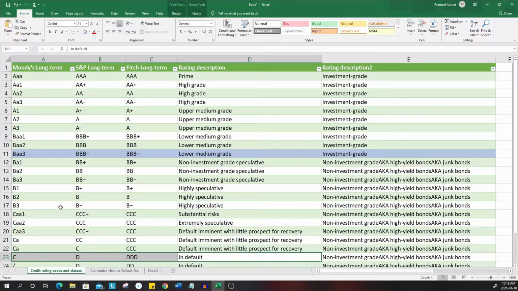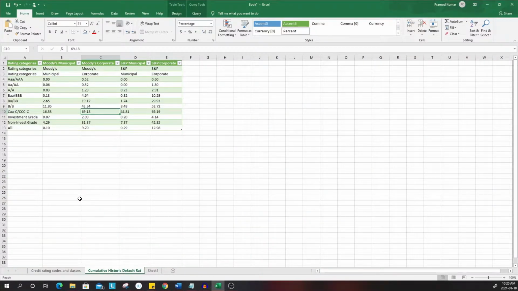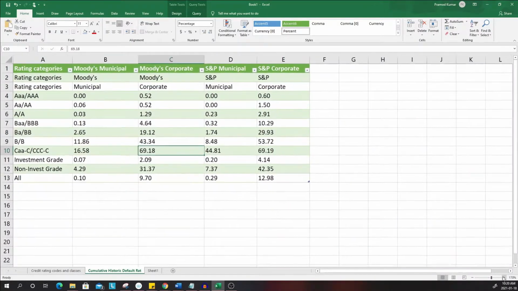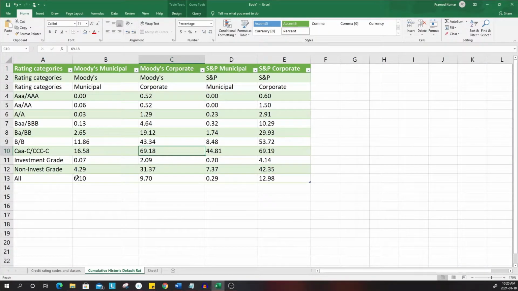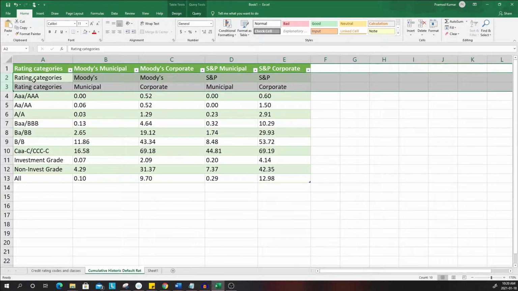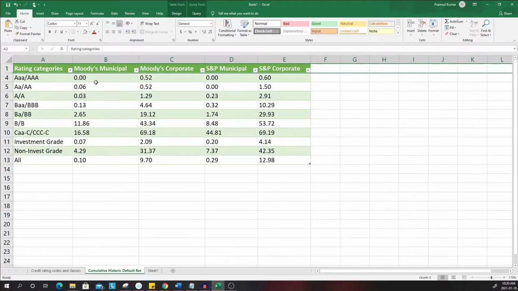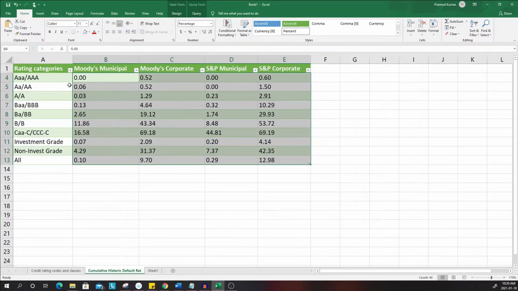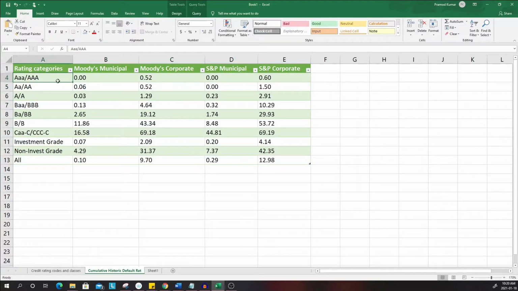Okay, next, let's see the historical default rates. This is for municipal bonds and this is for corporate bonds. These are in percentages. As you can see, the municipal default rate is 0%, because of very high quality.